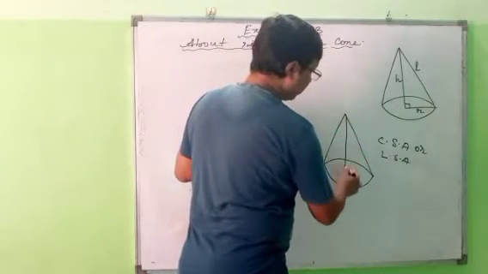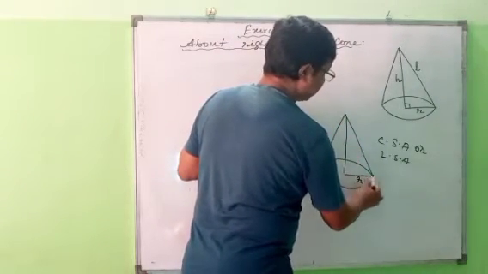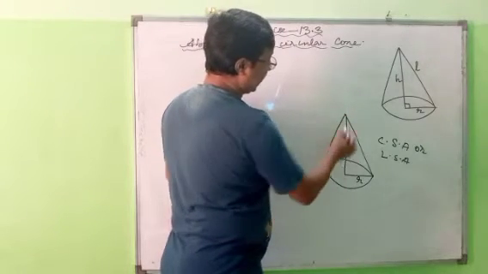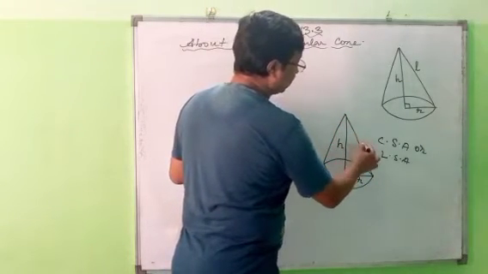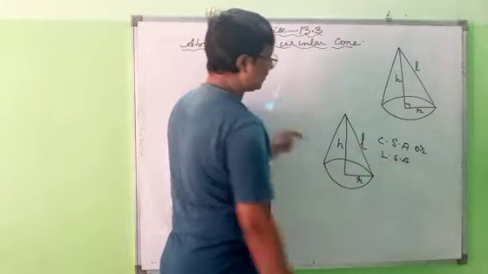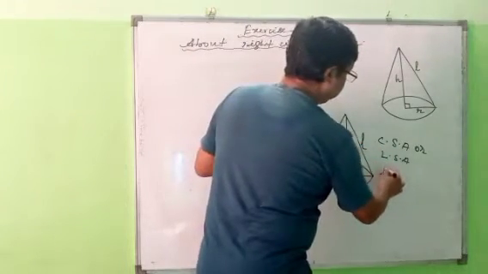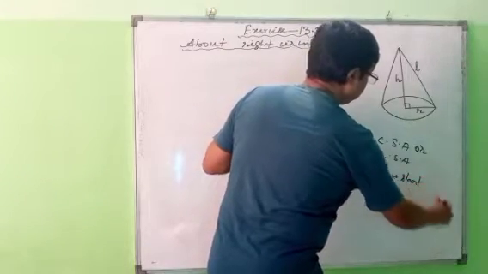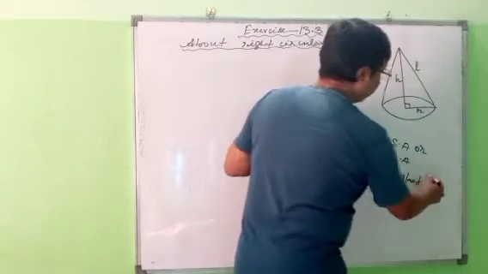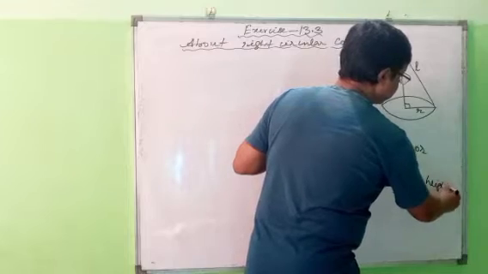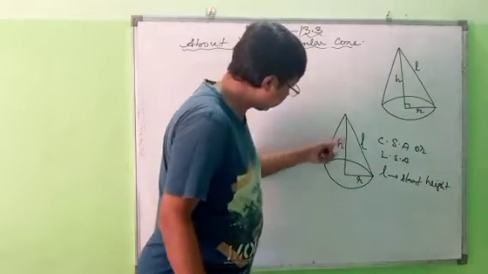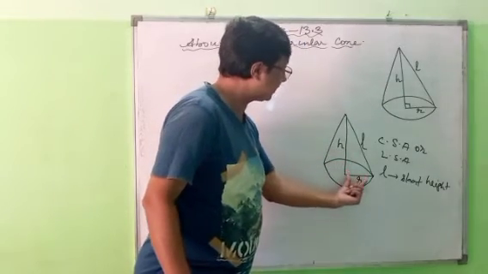Let the radius be r, this is the height of the cone, taken as h, and this part you will call the slant height, denoted by L. L denotes the slant height, a new term that you have got now. So this is the slant height, this is the height of the cone, and this is the base radius.